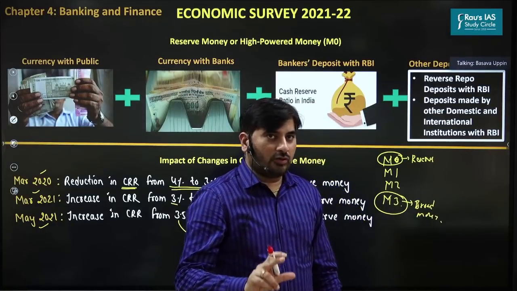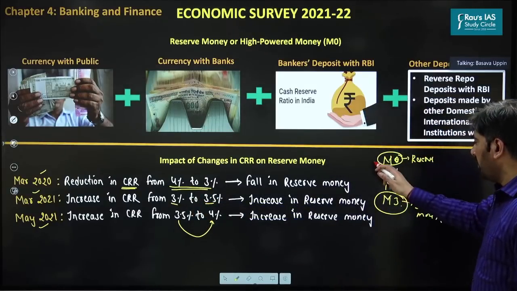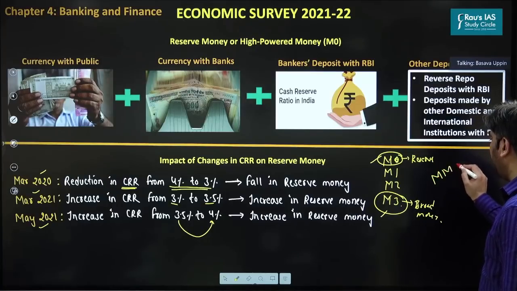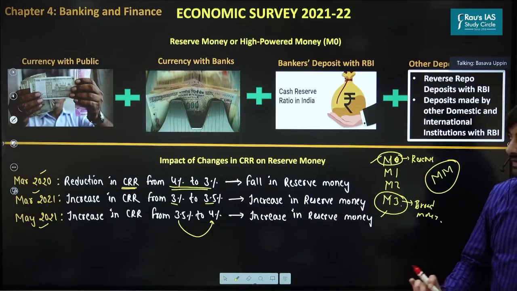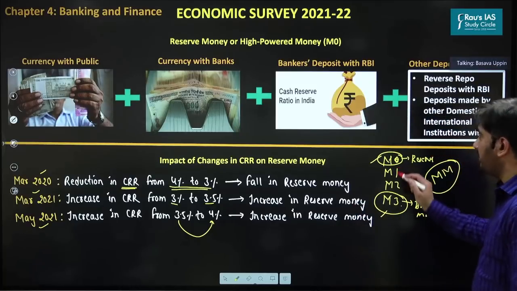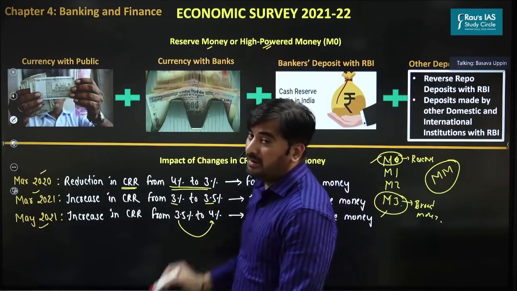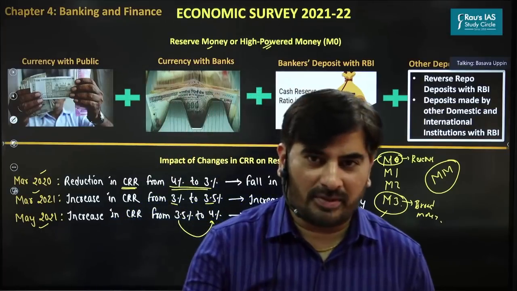Here we are going to discuss how changes in CRR would have an impact on M0, M3, and on the money multiplier in the economy, MM. Clear? Let's understand these things, starting with reserve money. Reserve money is also referred to as high-powered money. So what exactly is the reserve money?